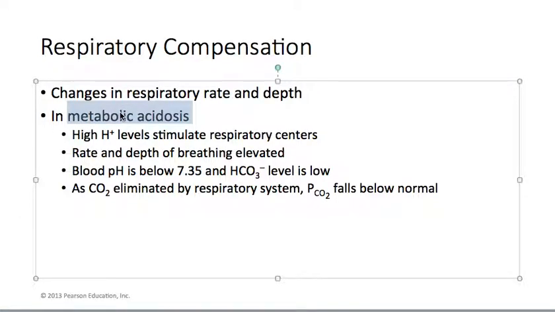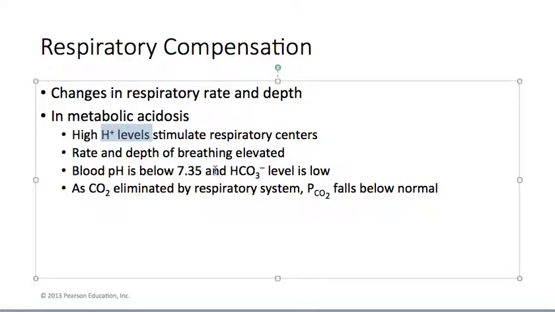There's respiratory and metabolic. When there's metabolic acidosis, that hydrogen ion we mentioned in class, which dissociates as part of breaking down CO2, that hydrogen ion stimulates the respiratory centers in the brain to stimulate ventilation. The rate and depth of breathing goes up. So tidal volume goes up and respiratory rate goes up.